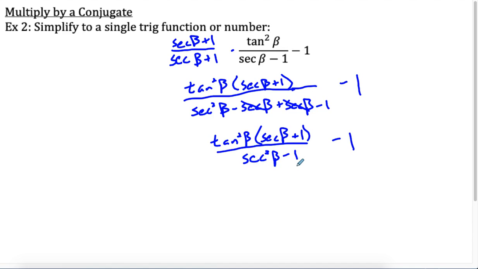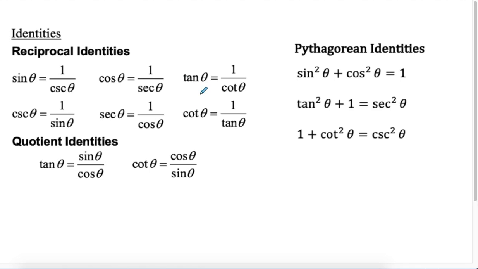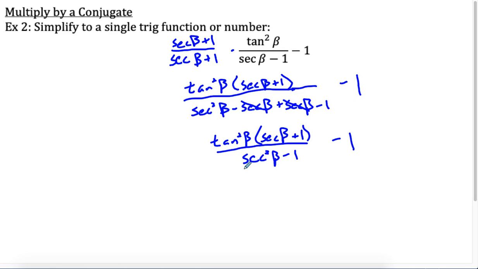No matter what trig function we're using, this is almost always some kind of manipulation of one of the Pythagorean identities. So if I look at secant squared minus 1, if I were to just subtract 1 over, I would have secant squared minus 1 equals tangent squared. So I can replace my denominator here with tangent squared.